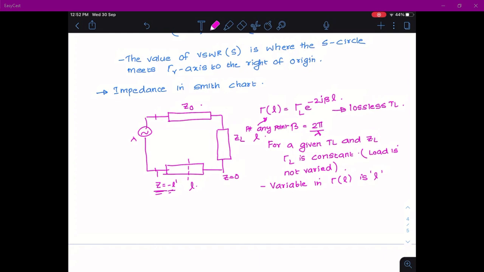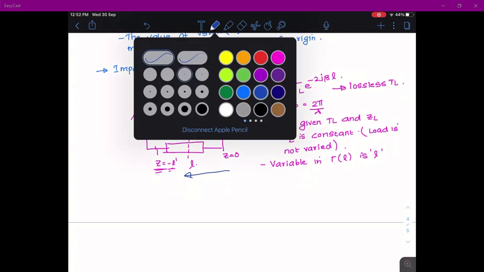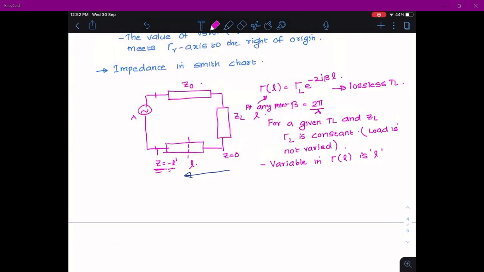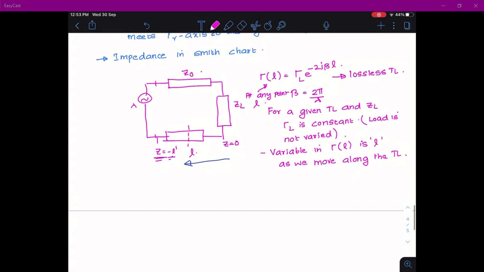So as we move along this transmission line from load to generator, the only thing that is changing is the length, or the point at which you are measuring. So the variable is L as we move along the transmission line.